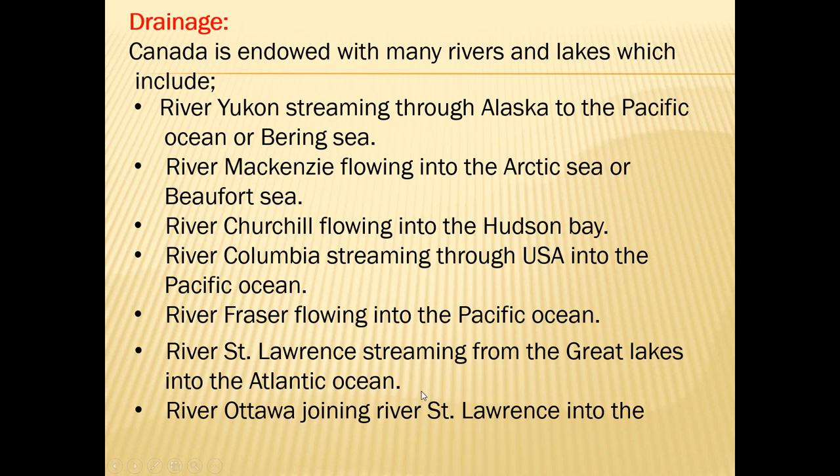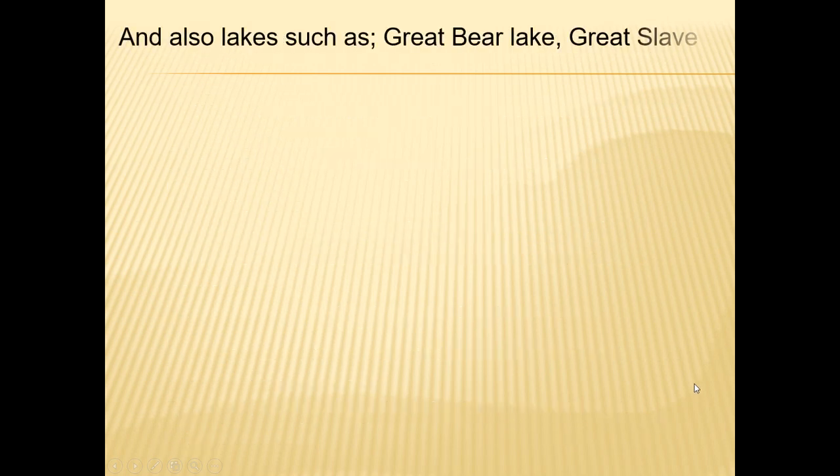When you're looking at the St. Lawrence Seaway, we looked at this river is a branch or a tributary of River St. Lawrence. So it joins River St. Lawrence, and both drain into the Atlantic Ocean to the east. In addition to the rivers, this country has a number of lakes.